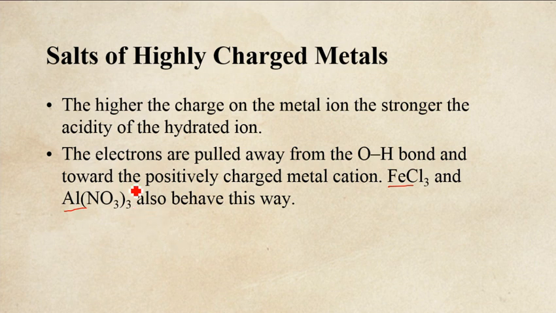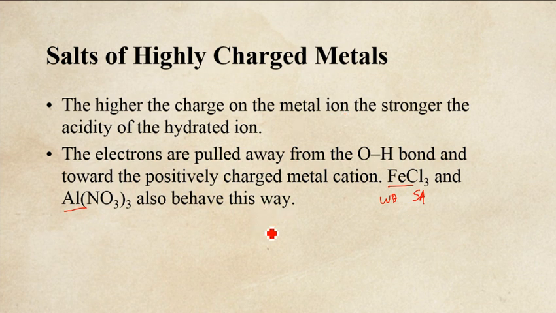So this is a little bit counterintuitive. This makes sense if you think about it. This is a salt of a strong acid and a weak base, right? If iron were to bind hydroxide, but really what we see is binding water and forming the hydrogen ions a little bit different way.